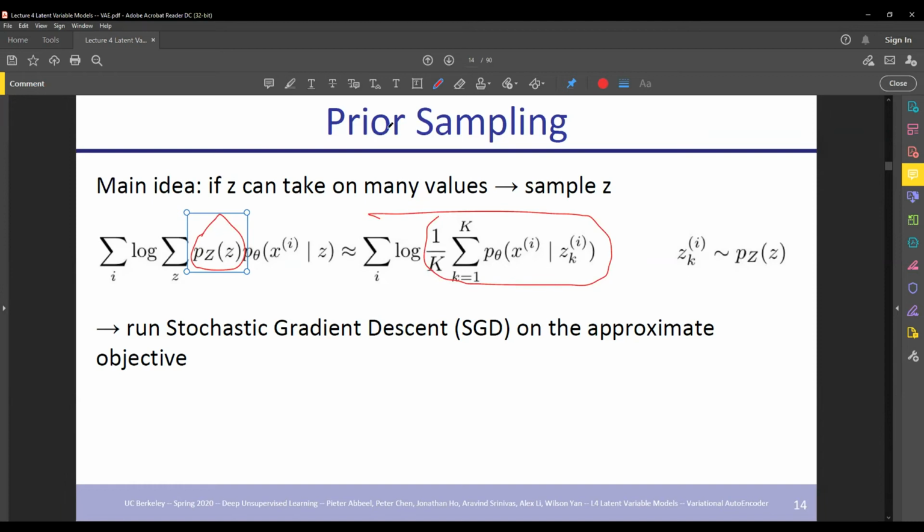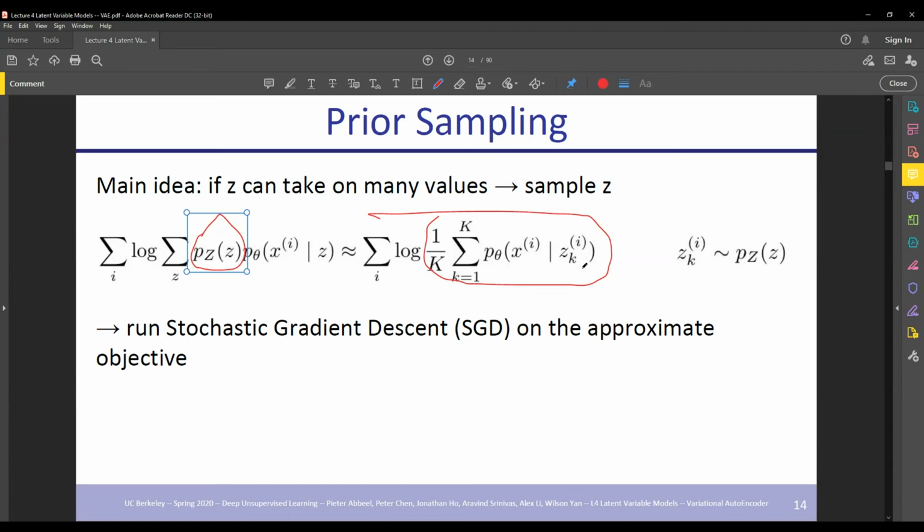Okay, so that's what is called sampling the prior, and it's the prior because we have assumed the prior is the underlying latent distribution, that is PZ of Z. We'll get to why it's called the prior and what we actually mean by the posterior as we get into the remaining portion of the lecture.